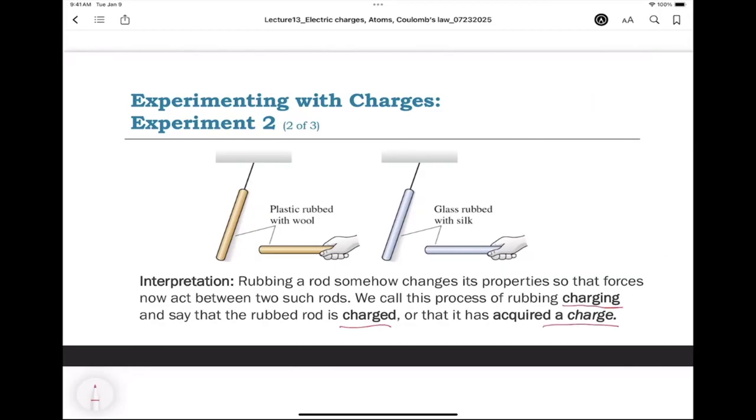This is the definition of charging and of being charged or acquiring a charge.